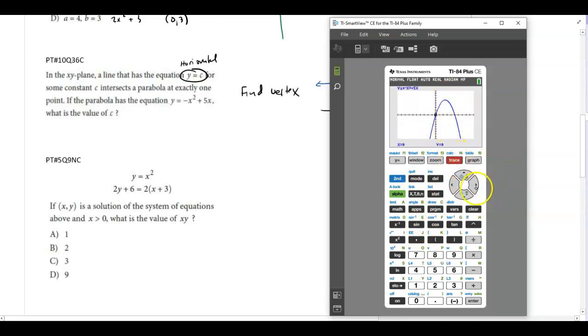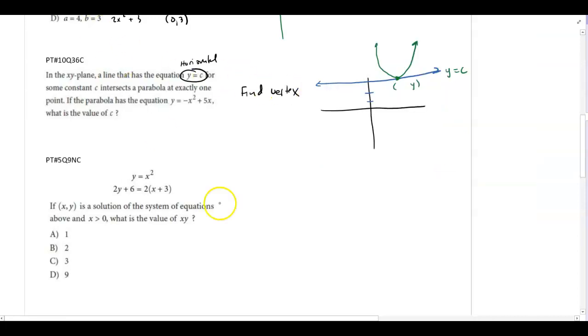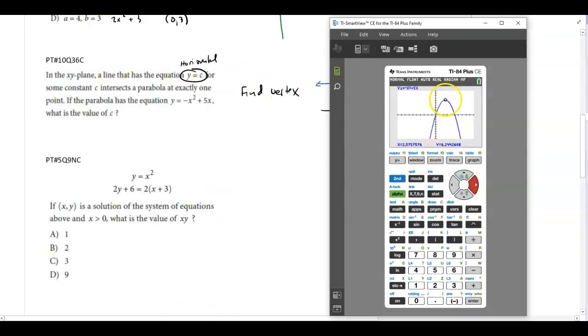If I hit trace and go to the top, I can get an idea that my vertex x value is roughly 2.5, and y is 6 point something, I'm guesstimating.